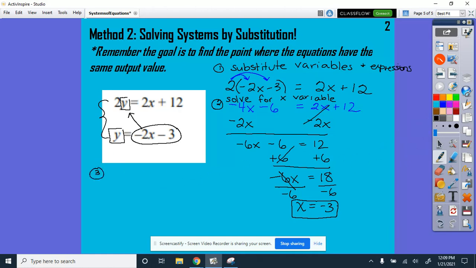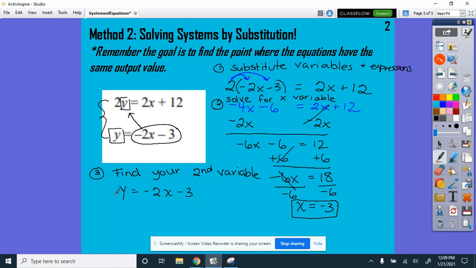So now our third and final step is to find your second variable. In our case, it's the y. So I want you to think, take a look. Last process we did, we used the y equation. I'm going to do the same thing here. So I see that y equals negative 2 times x minus 3. Well, do I know what x is?